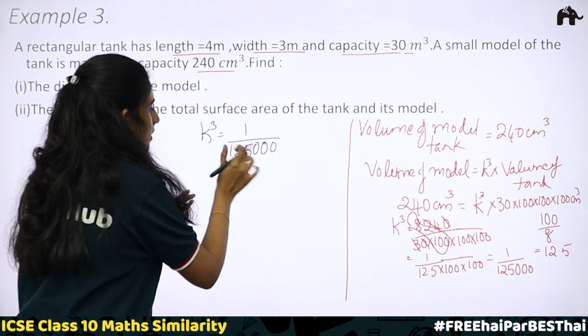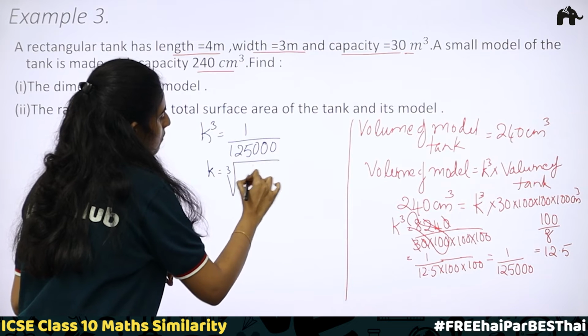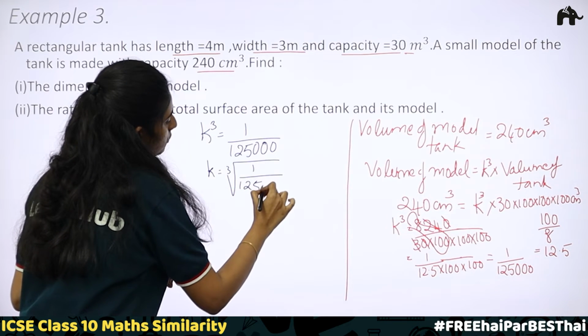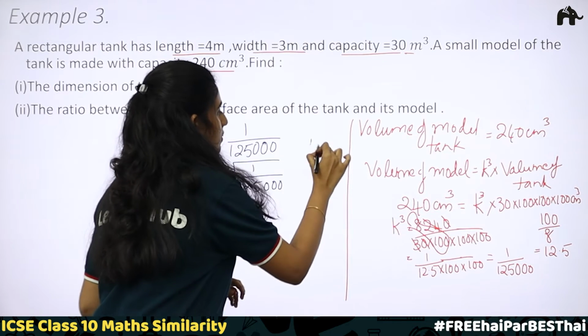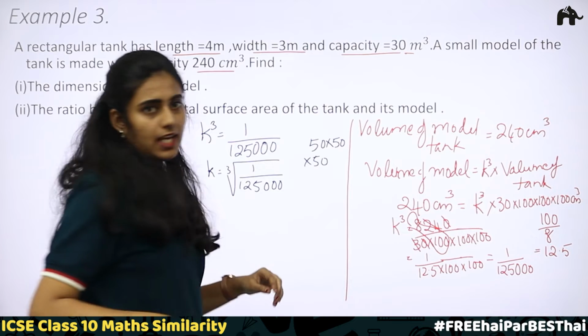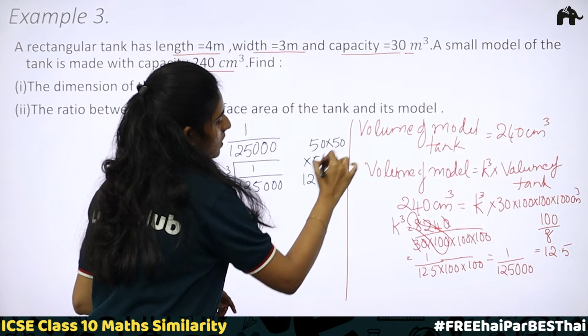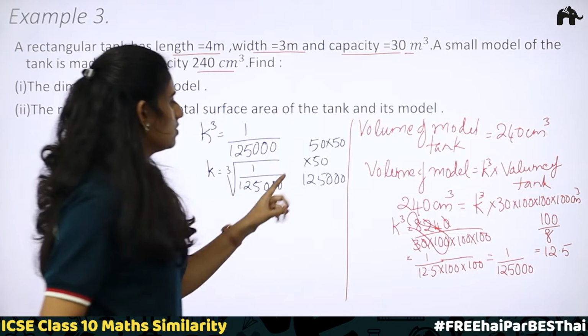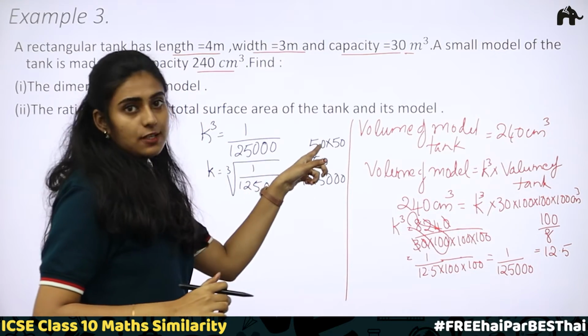Okay. Here to find k, we have to take the cube root of 1 by 125000. What is the cube root? If you take 50, 50 into 50 into 50, what do we get? 5 into 5 into 5 is 125, 000. So 125000 cube root when taken, we will be getting 50.